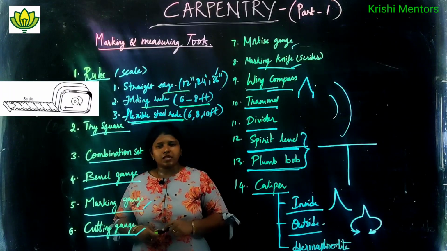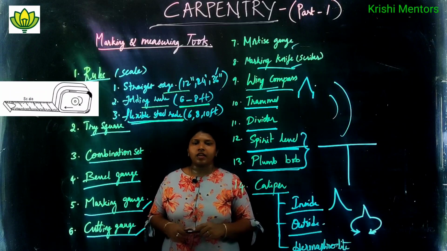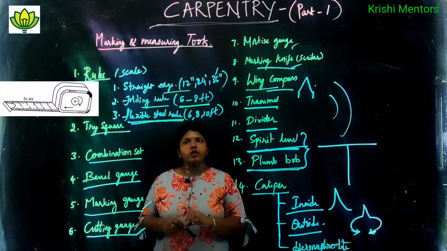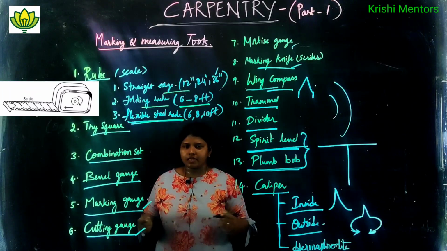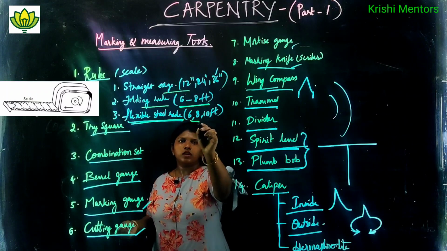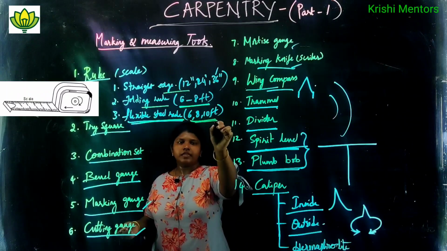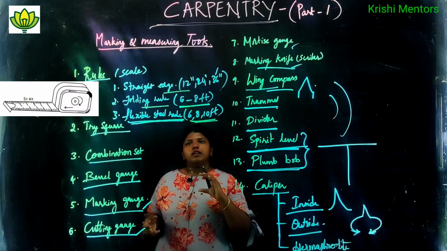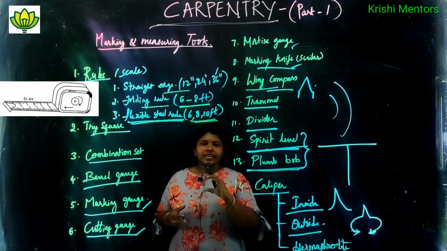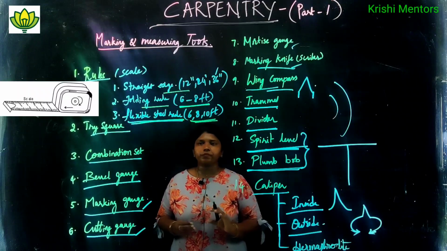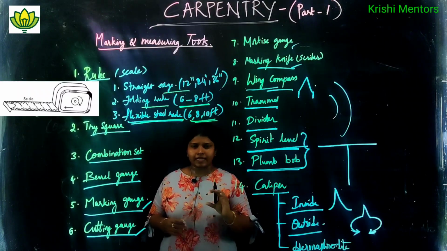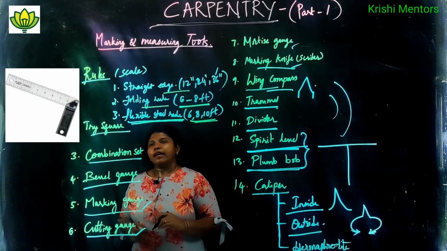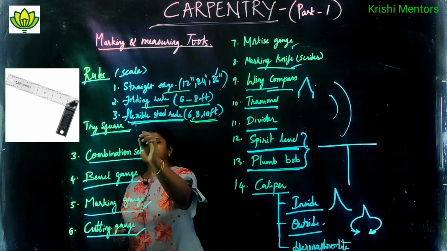A flexible steel rule is again, when opened, it will be measuring the lengths up to 6 to 10 feet, 6, 8 and 10 feet. It is a steel rule again, but it is entwined in a plastic case.